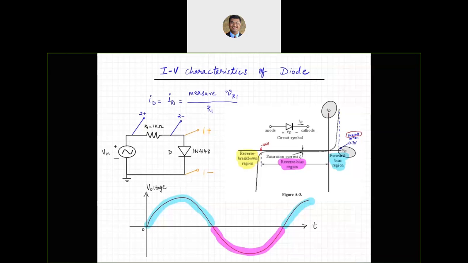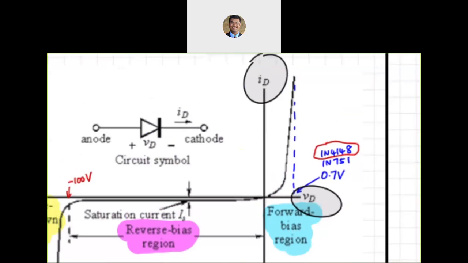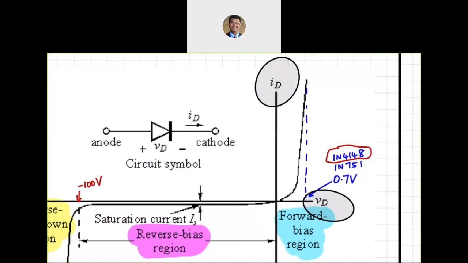So essentially we are using this R1 as a current sensing resistor. It allows us to sense how much current flows through the diode, because as we are changing the voltage, we need to know where to stop.